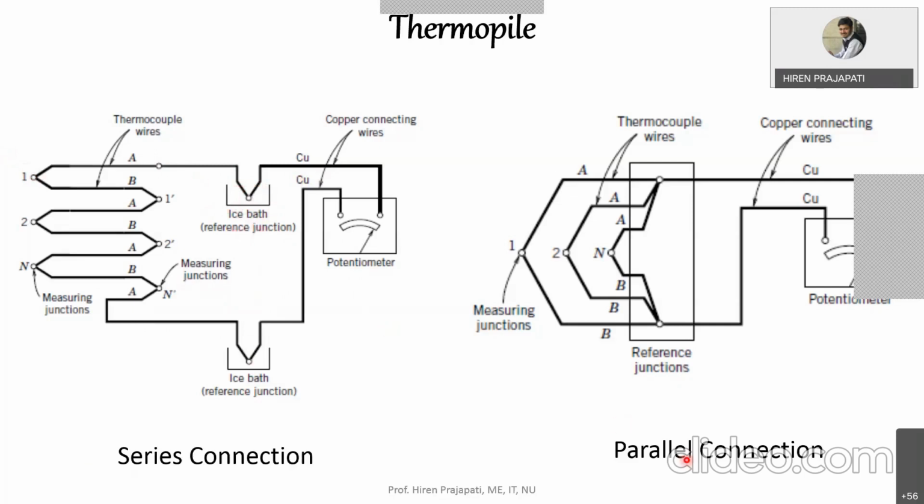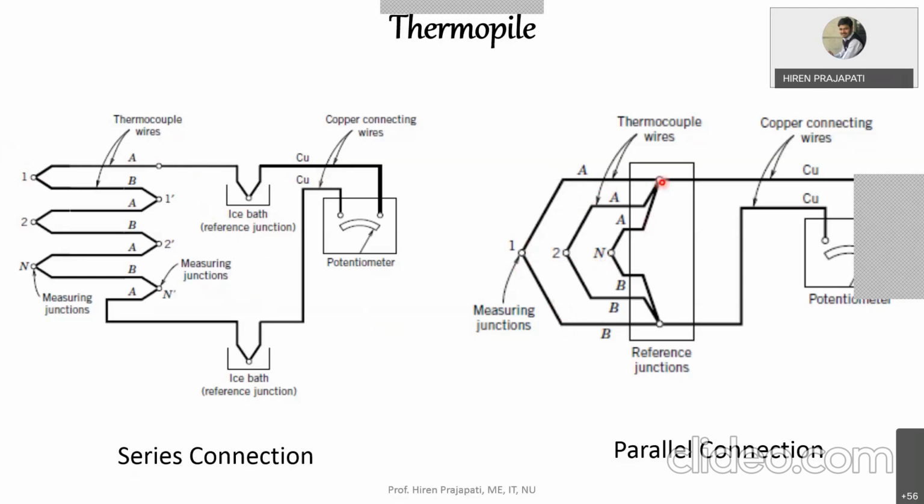Now next is the parallel connection. Suppose you want the average temperature in some streamline. Here, A and B, all these 1 to n thermocouples, are connected in parallel, right? These are your hot temperature junctions.